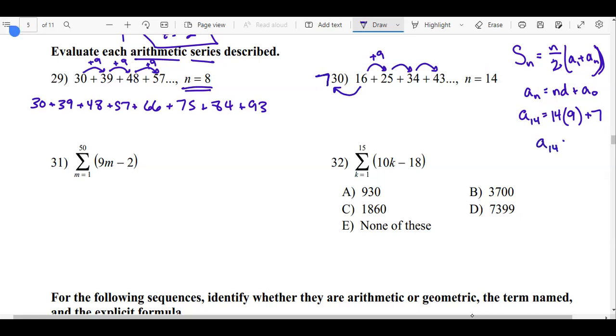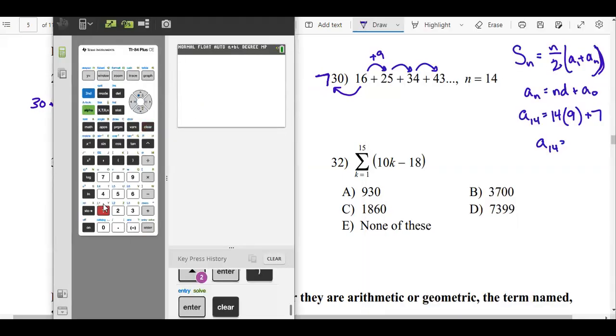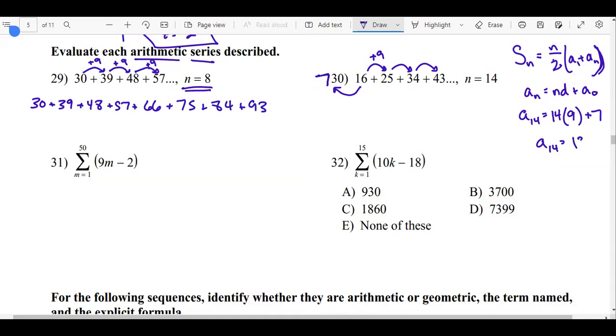So I can find out pretty quickly what the 14th term is. And this just becomes more and more efficient as we do more and more numbers. So 133 would be the 14th term. So if I want to add up the first 14 terms, I just do 14 divided by 2 times the first term plus the 14th term.